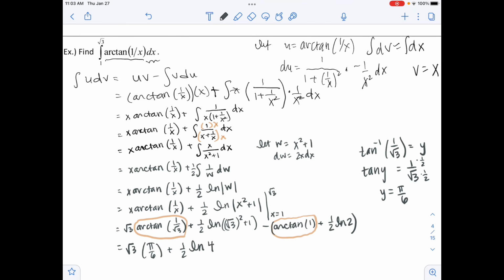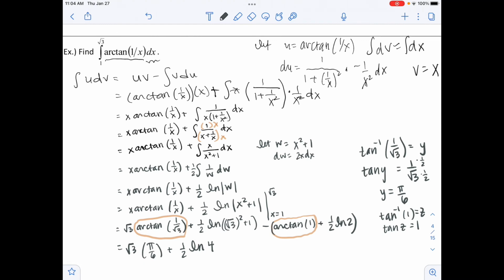And then now we need to look at arctangent of 1. And arctangent of 1 would occur when sine and cosine are equal to one another. And if you need a little bit more help with this, you can think about it just like how we did the one up above and say tangent inverse, or arctangent, of 1 is equal to z. And I would say tangent of z is equal to 1. And tangent of z would equal 1 when sine and cosine are both equal to each other, which on our unit circle occurs at pi over 4.